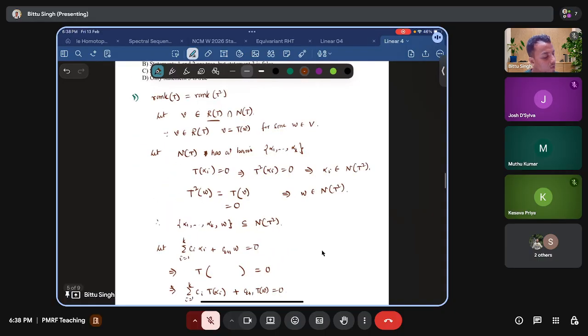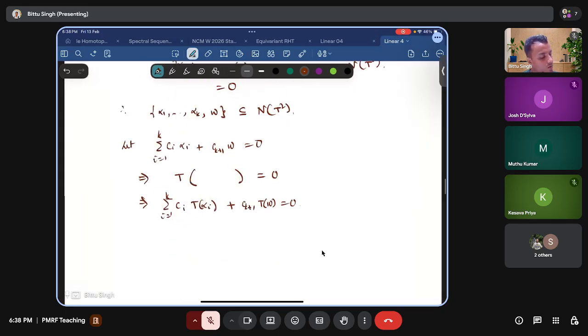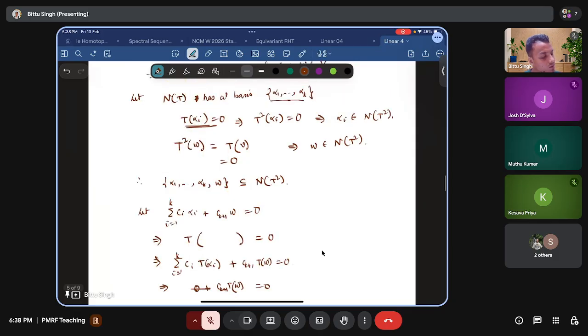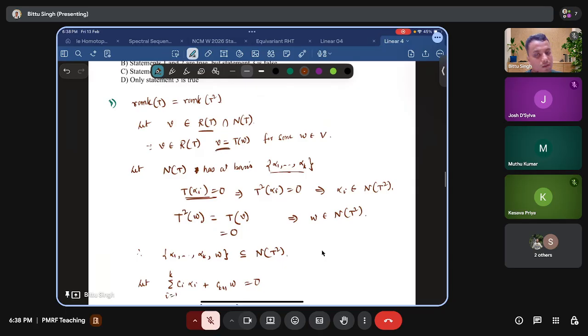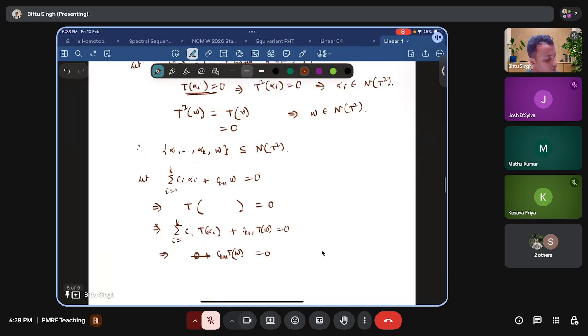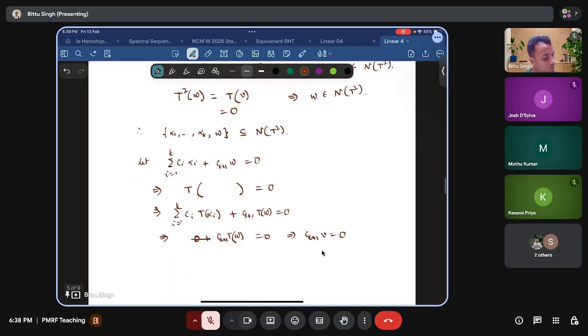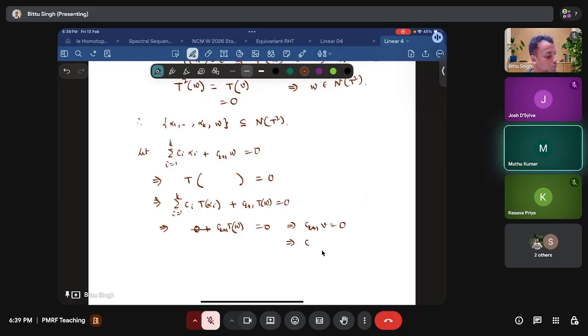But recall that those alpha i's are elements of the null space, so T of alpha i equals 0. So we finally get Ck plus 1 Tw equal to 0. That is, Tw equal to 0. But Tw is the same as V. So this actually means Ck plus 1 times V equal to 0, right? V is a non-zero vector. Therefore, we get Ck plus 1 equal to 0.